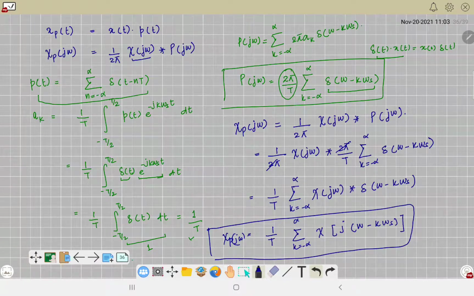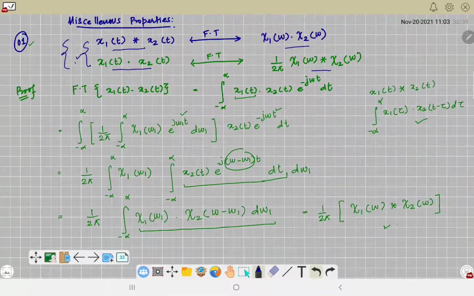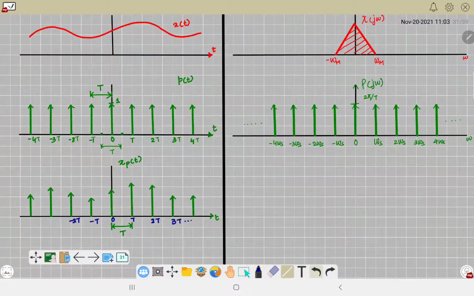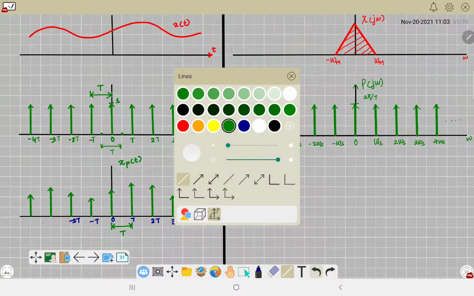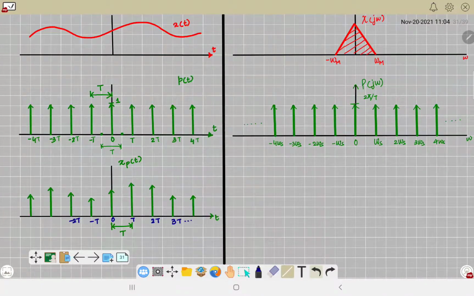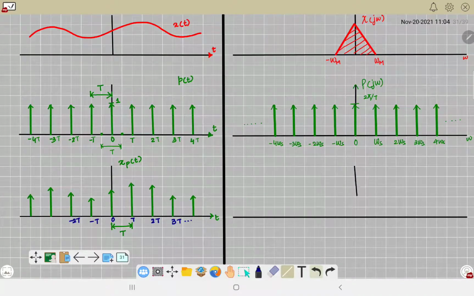It means it will be this signal X of j omega, the original waveform, shifted by omega s. In other words, if we try to plot it graphically in our existing plot, let me just have the axes here.